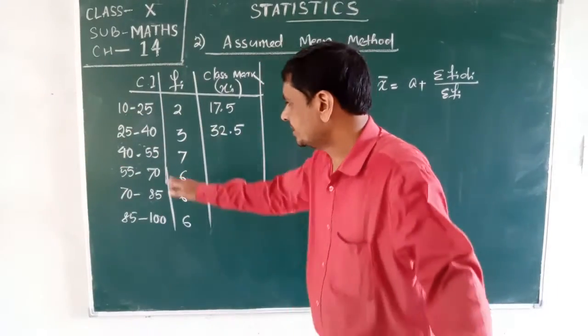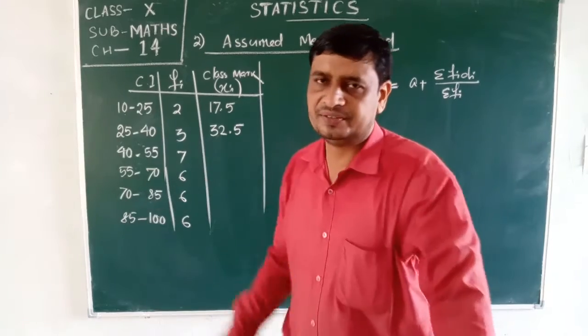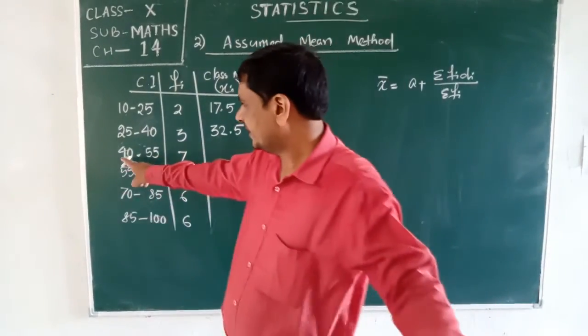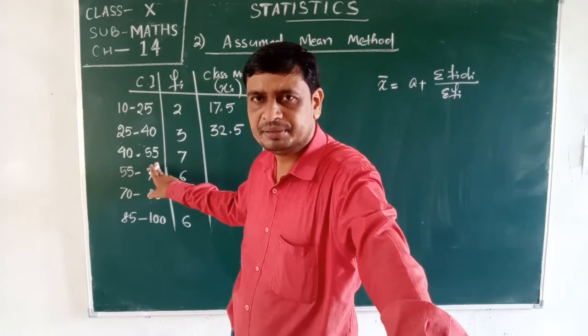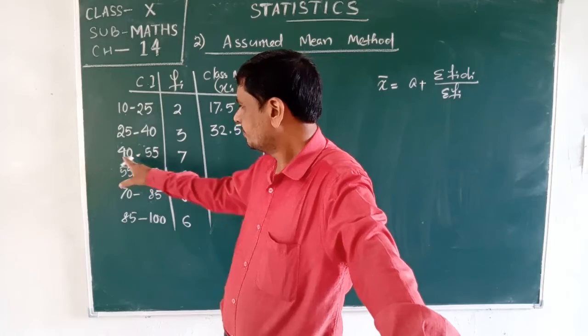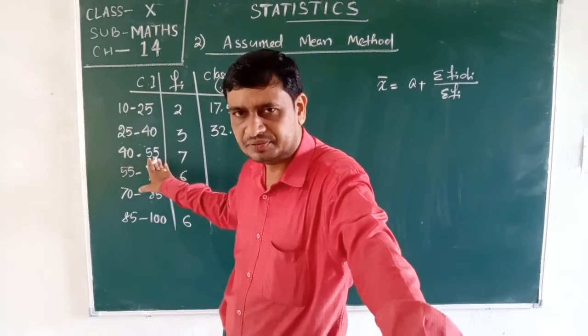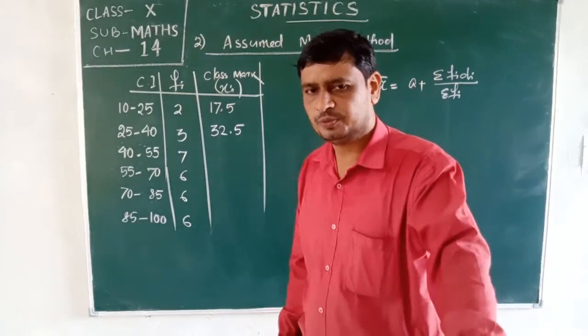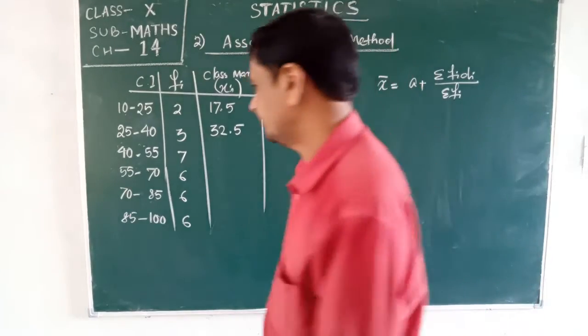Next, for the class 40 to 55, lower class limit is 40 and upper class limit is 55. So, class mark will be 40 plus 55, that is 95. 95 by 2 becomes 47.5.